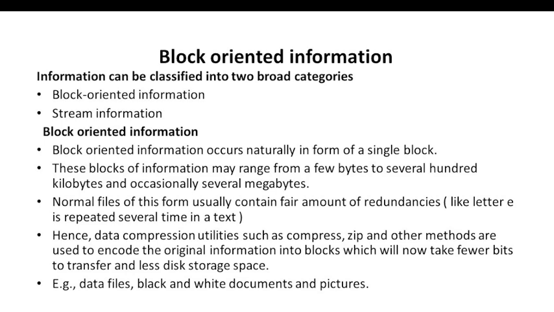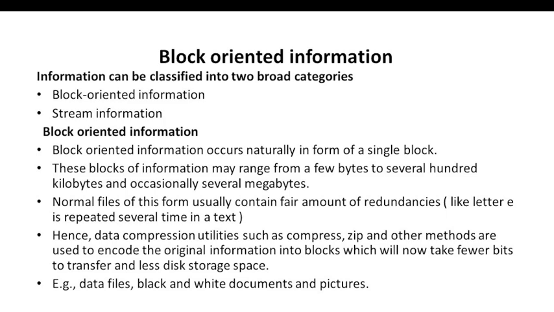Block oriented information occurs naturally in the form of a single block. These blocks of information may range from a few bytes to several hundred kilobytes and occasionally several megabytes also.